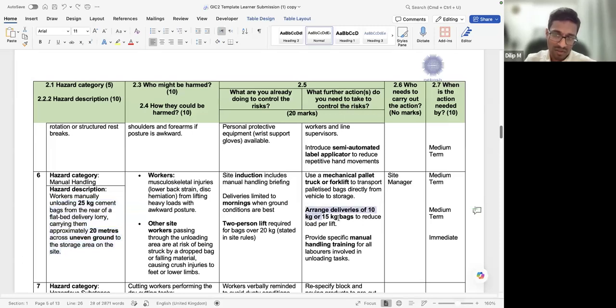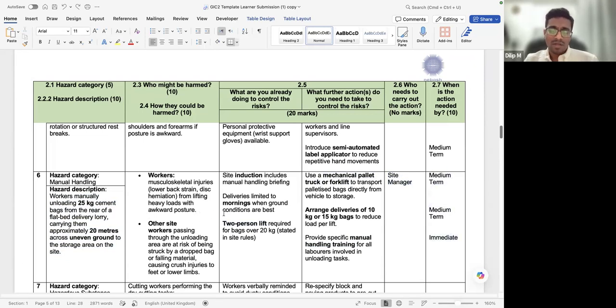Like for example, reducing the weight of the bag, including team lift, or using a mechanical pallet to reduce the carrying distance. And then most importantly, manual handling training. So your controls must be very relevant and address these issues. And the last two columns, there's no challenge here. Just identify the role and the time scale.